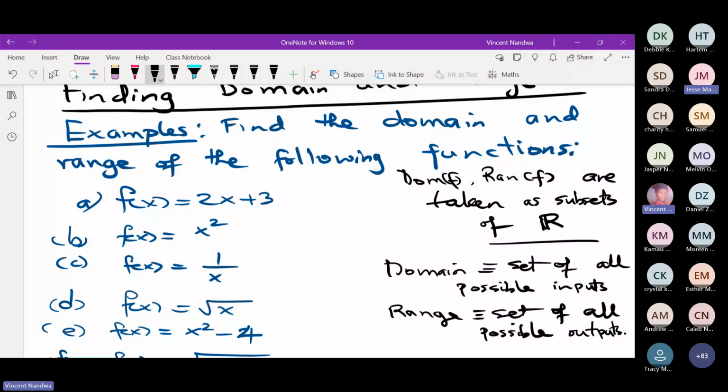When you put 0 for x, you also get another number. If you put any positive number for x, you still get another number. So therefore, we say the domain of this function is the set of all real numbers. So the domain of f is the set of all real numbers.